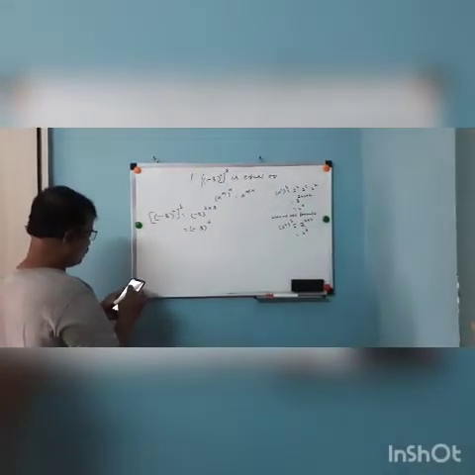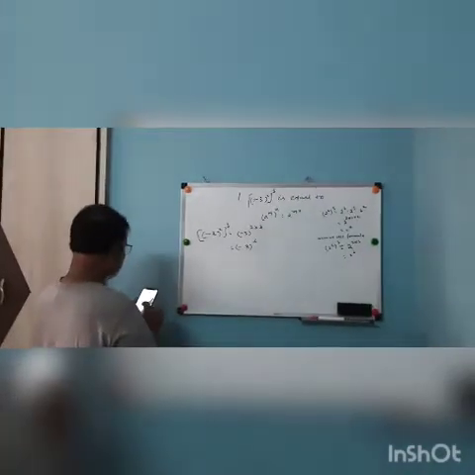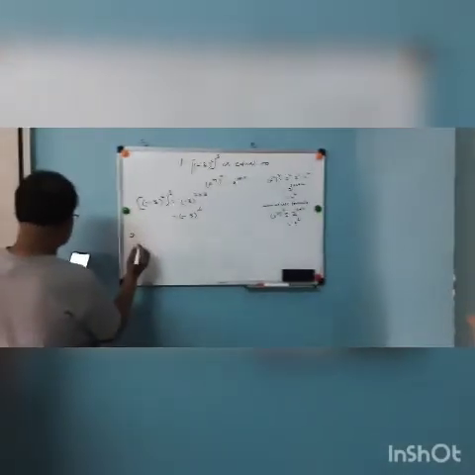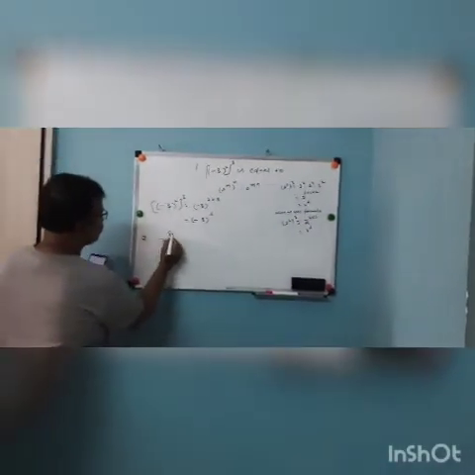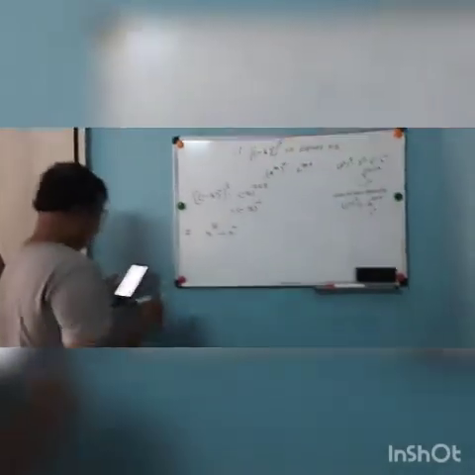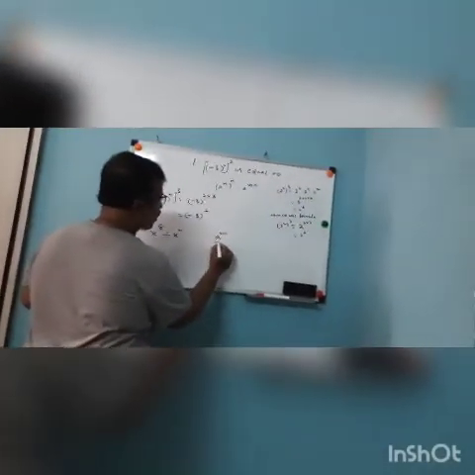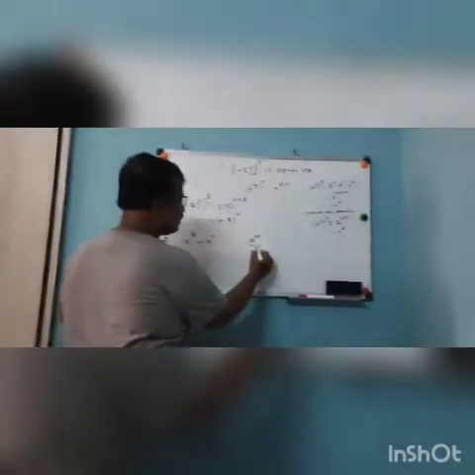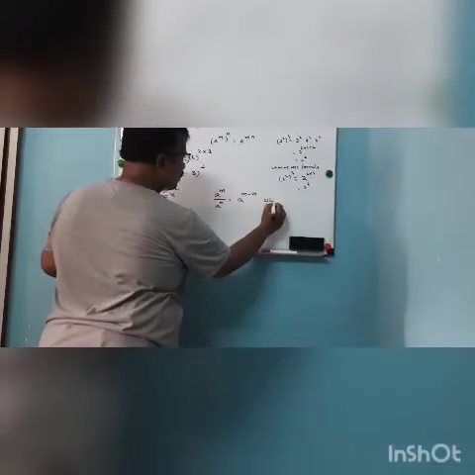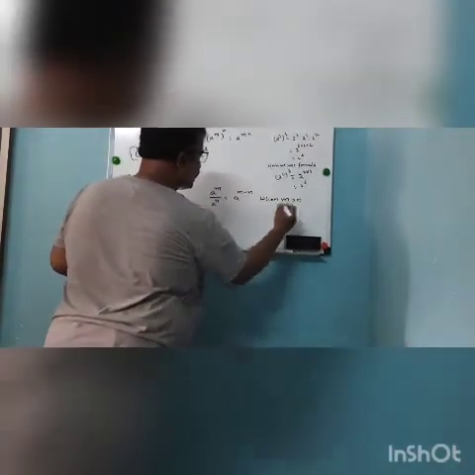Okay. Next question: for a non-zero rational number x, x power 8 divided by x square. Here also we have to use an exponential law: a power m divided by a power n is equal to a power m minus n, when m is greater than n.